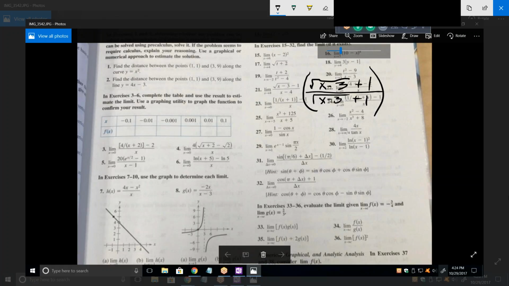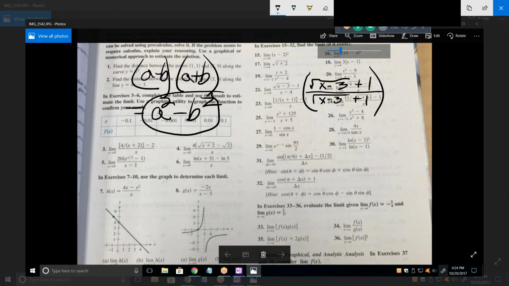Now, what happens in the top, I don't know if you recognize it or not, but if you've had a lot of experience with difference of perfect squares factored, that's what we're looking at. So we have to FOIL these back together again, but it's easier than it looks. When I have a minus b times a plus b, I know that's equal to a squared minus b squared.